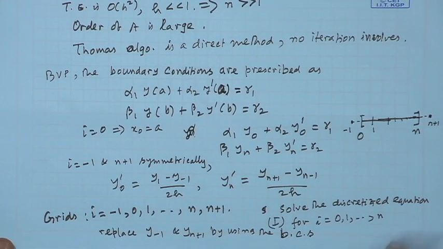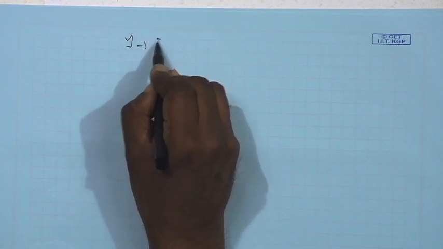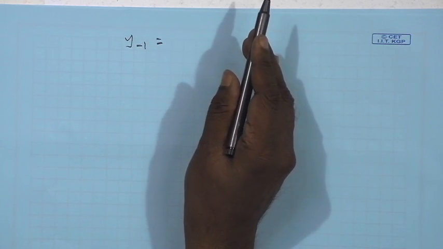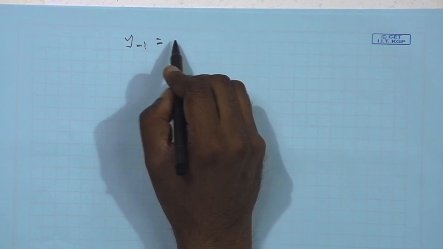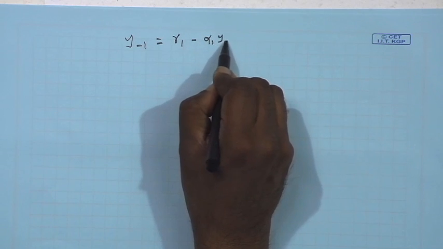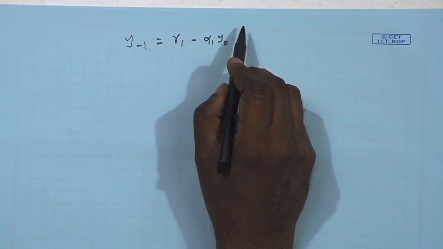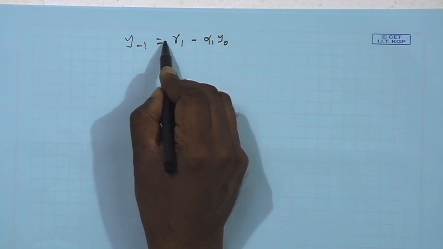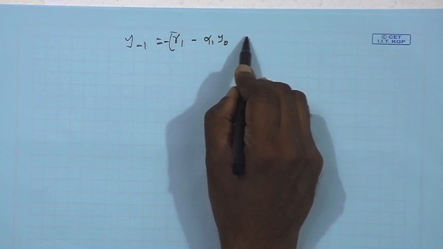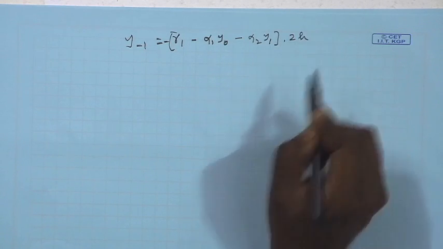Here we are replacing y minus 1 by what we can write as gamma 1 minus alpha 1 y 0 minus alpha 2 y 1 into 2h, up to sign.